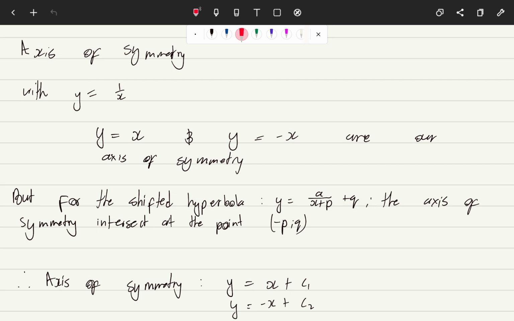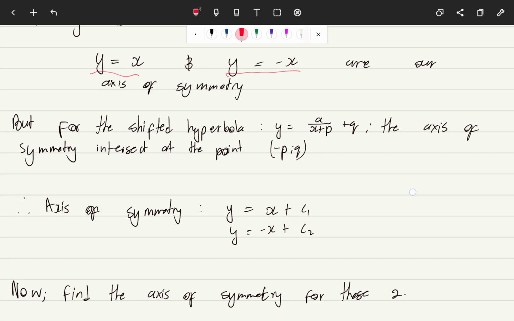Back in grade 10 last year, I'm not sure we talked about it much. But our axes of symmetry in grade 10 were just these two equations. Both of them were our axes of symmetry.